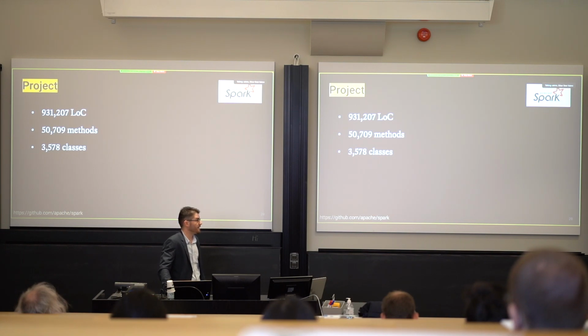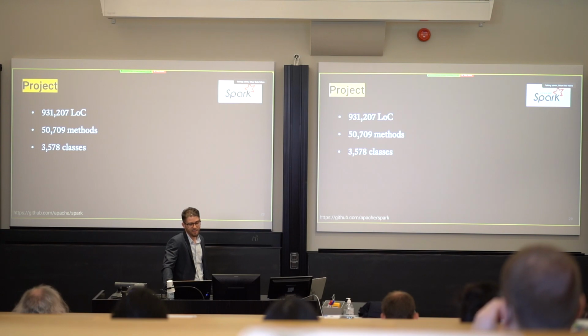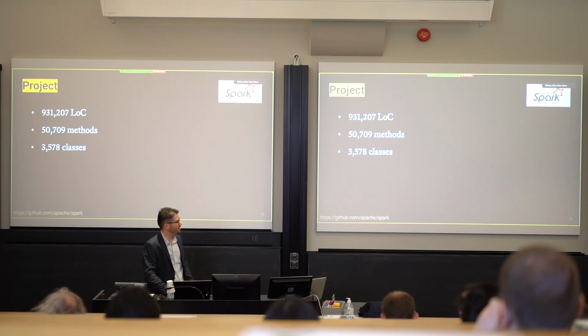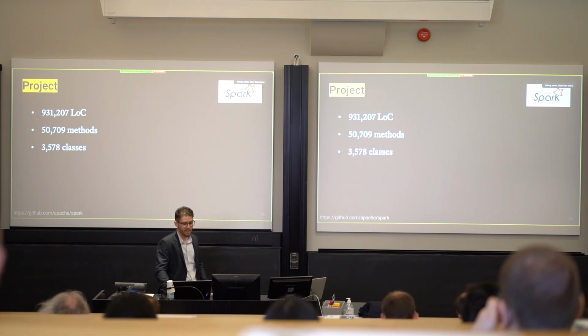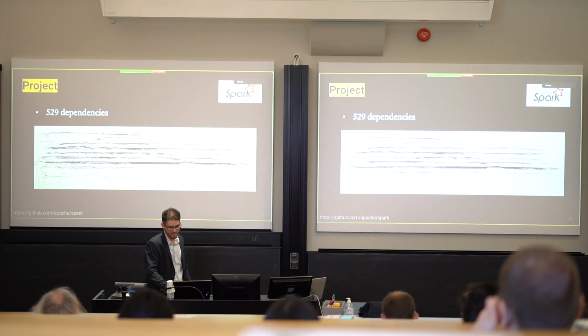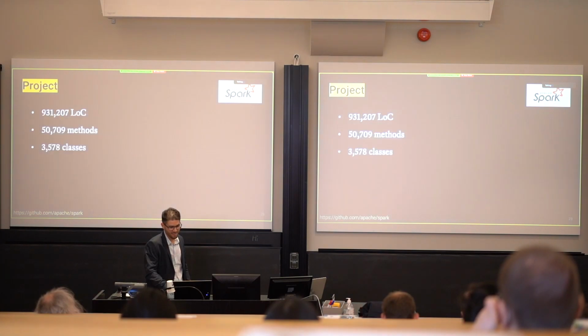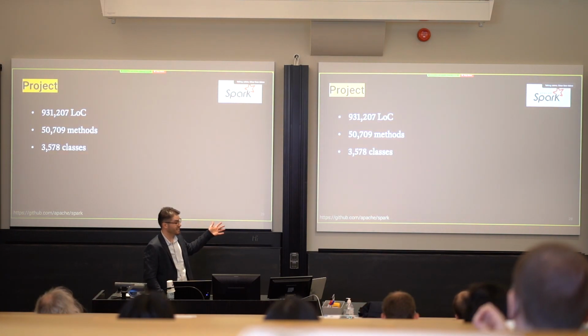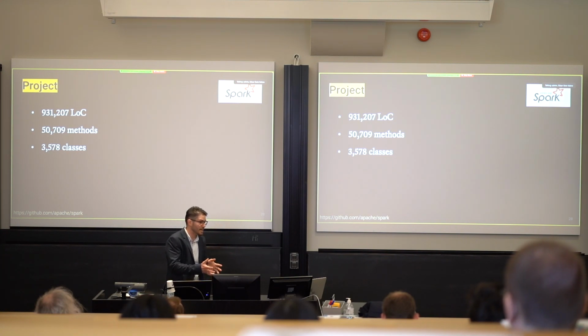And today, Spark is really a big project. I counted a few days ago, and the number of lines of code in Spark which are compiled to Java bytecode is almost 1 million.